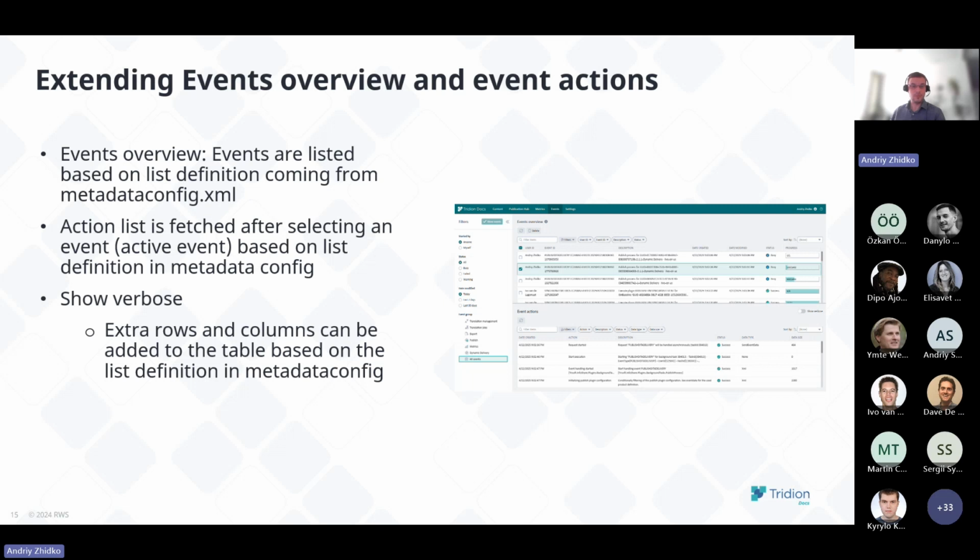Also, there is an option to show verbose. You can also extend the option and add more fields when you are switching the events details view to show verbose mode.